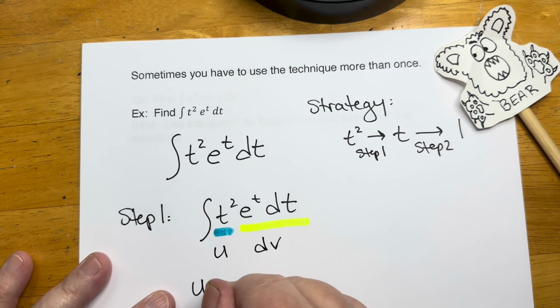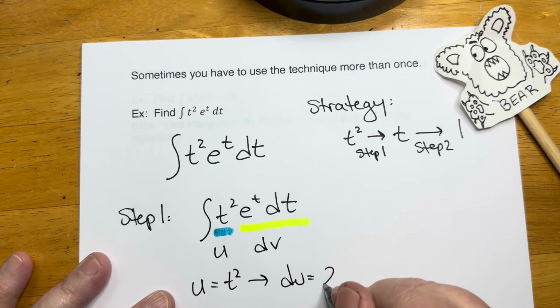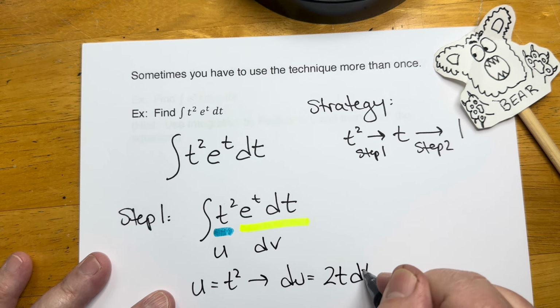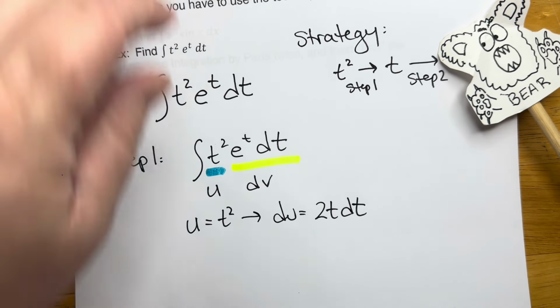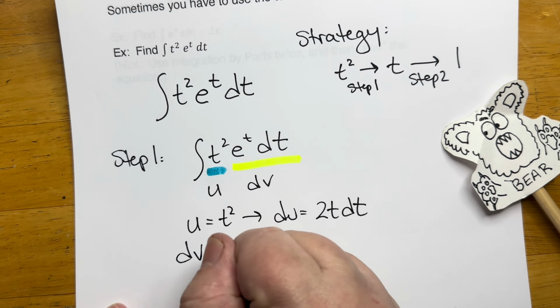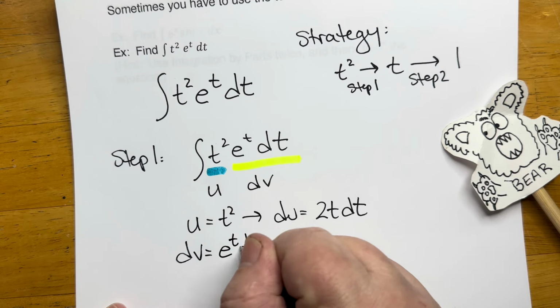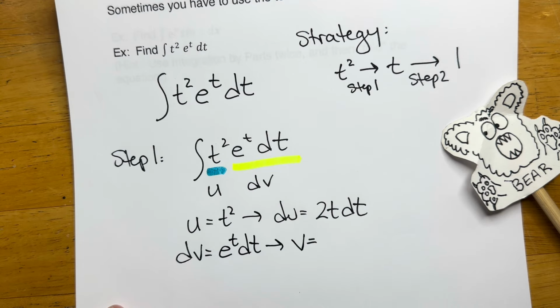So if my u is t squared, my du is 2t dt. What do you guys think? Kind of woohoo? Okay. Then my dv is e to the t dt, and so my v is just e to the t.